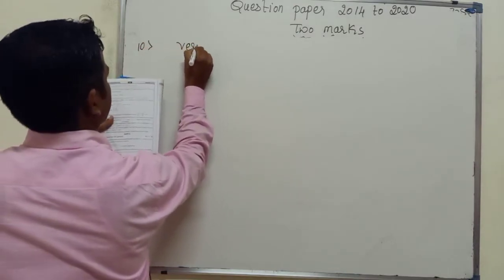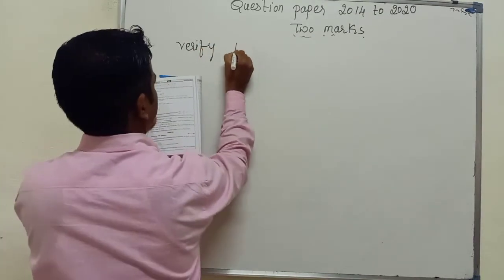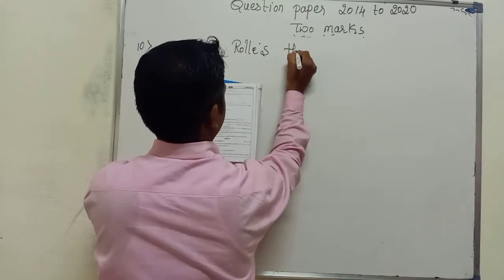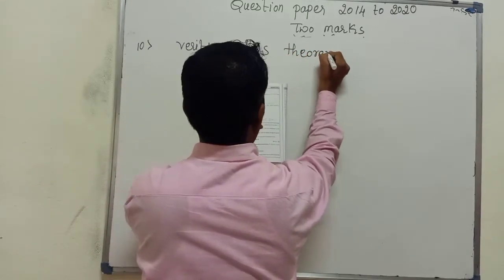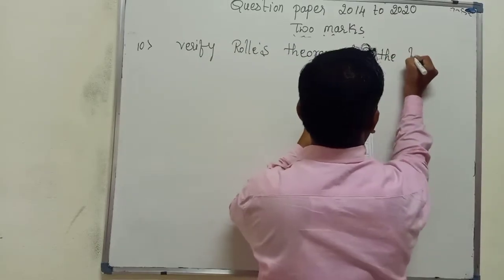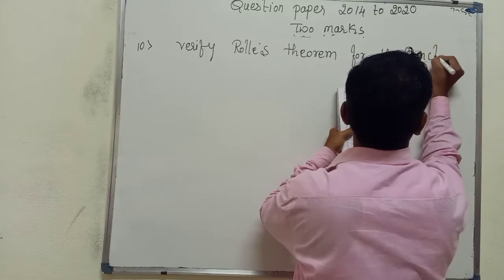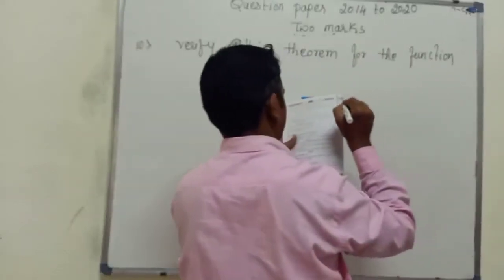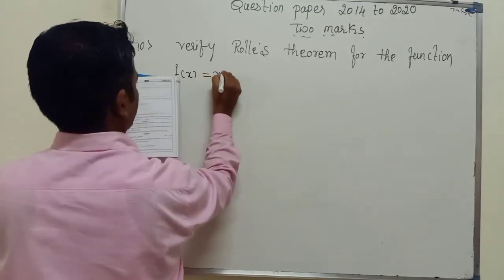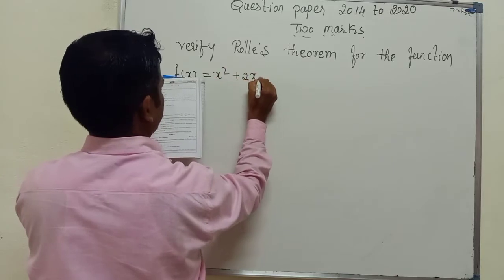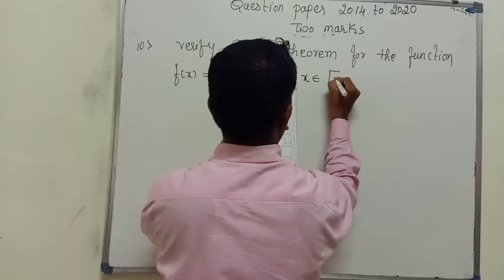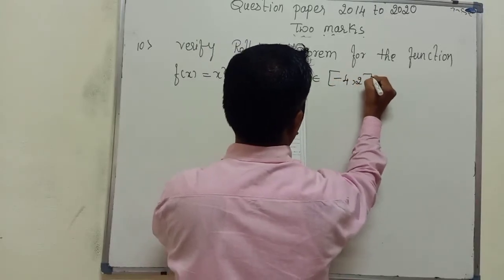Verify the Rolle's theorem for the function f of x is equal to x square plus 2x minus 8 for all x belongs to the closed interval minus 4 to 2.